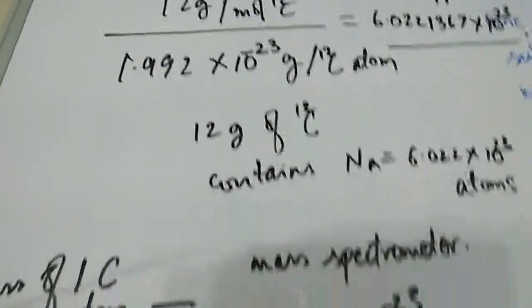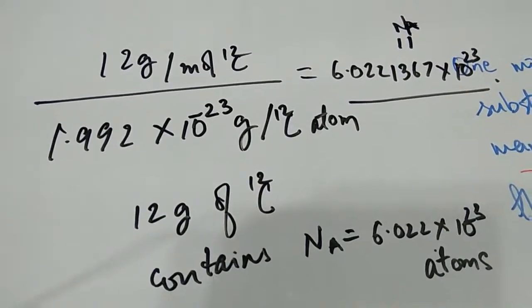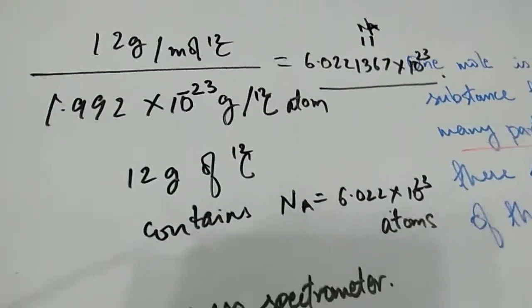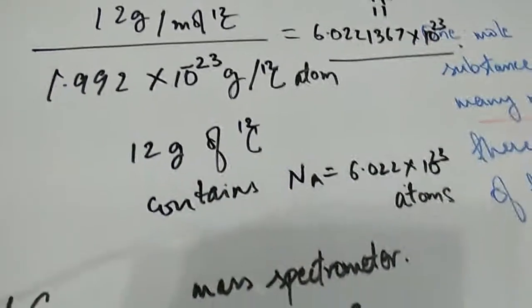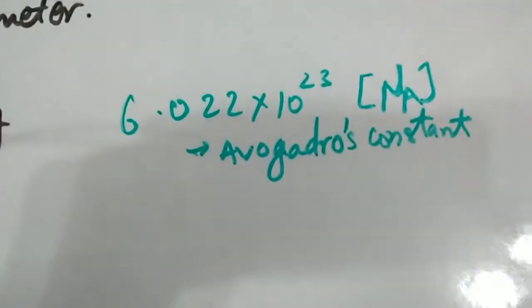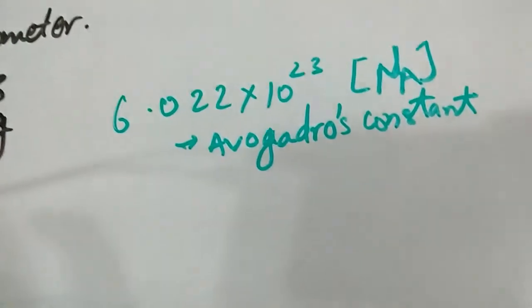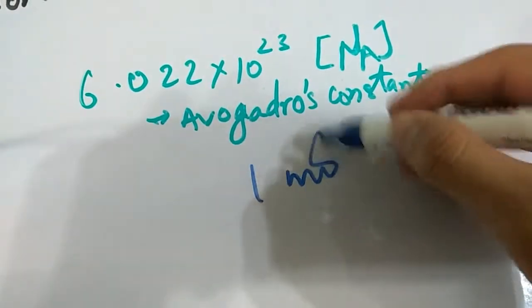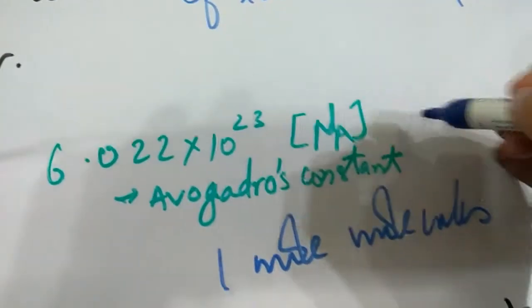This is how we get that this is the number of particles in 1 mole. If we are talking about 1 mole molecules, that means there are 6.022 into 10 raised to power 23. This is the shortened one, the more useful one. If we say 1 mole molecules, it means these many molecules.